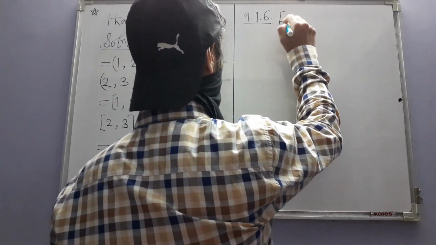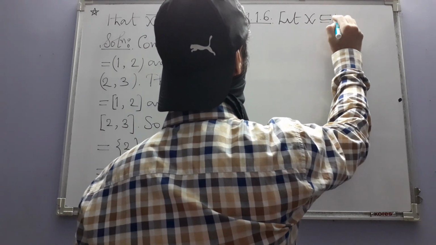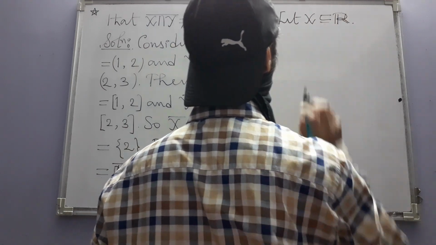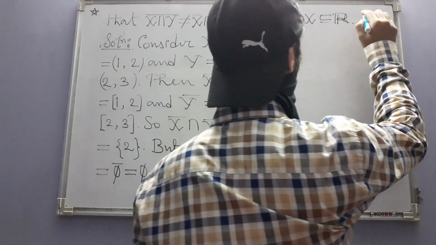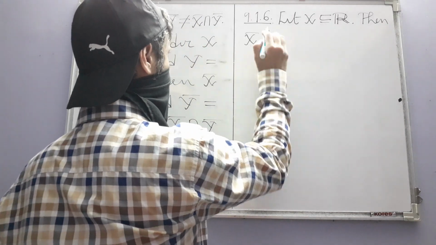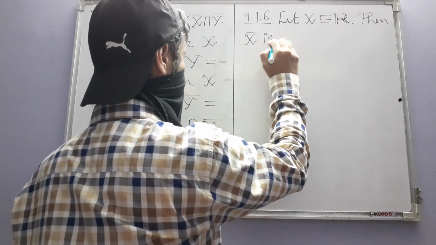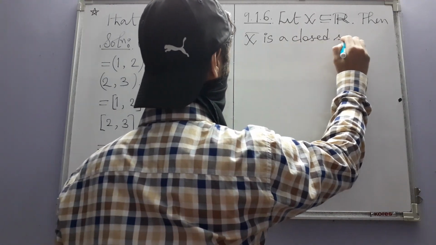Let x be a subset of R. Then the closure of x is a closed set.